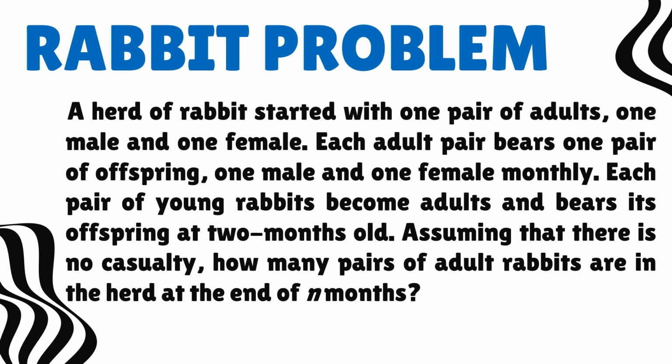Each adult pair bears one pair of offspring, one male and one female, monthly. Each pair of young rabbits becomes adults and bears its offspring at 2 months old. Assuming that there is no casualty, how many pairs of adult rabbits are in the herd at the end of n months?